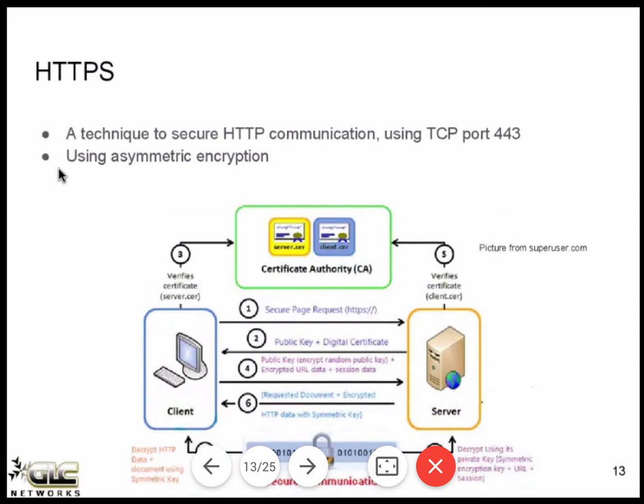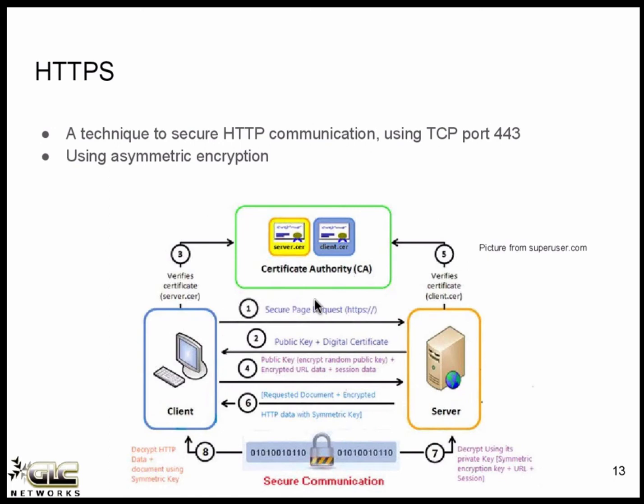Now it's about HTTPS. HTTPS is a technique to secure HTTP communications using TCP port 443, and HTTPS is using asymmetric encryption. Here are the steps. On the left we have the client, on the right we have the server.